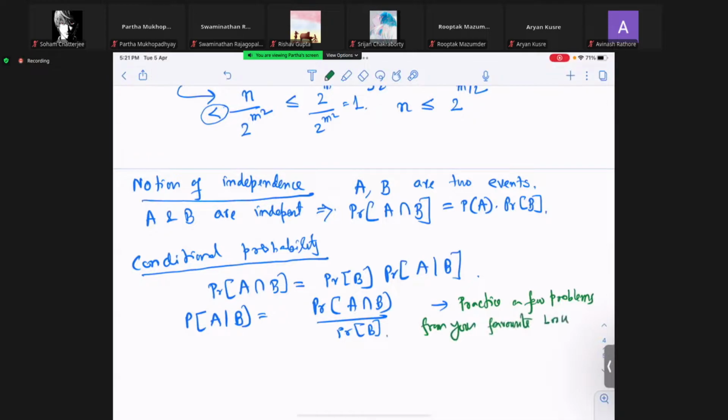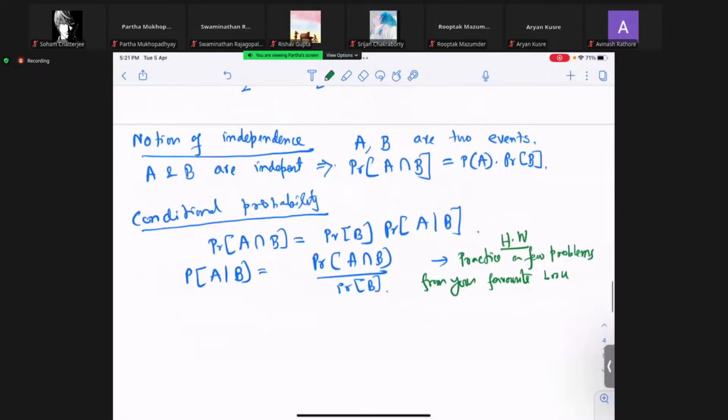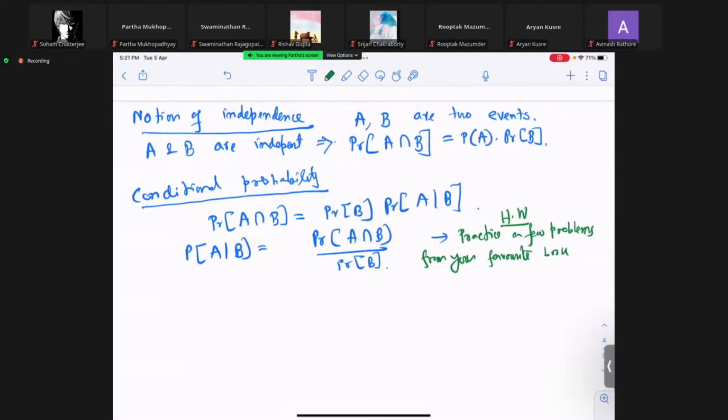This is homework left to you. I do not want to do this because I guess most of you know, but please revise your memories because in the exam some questions can be asked from these things.